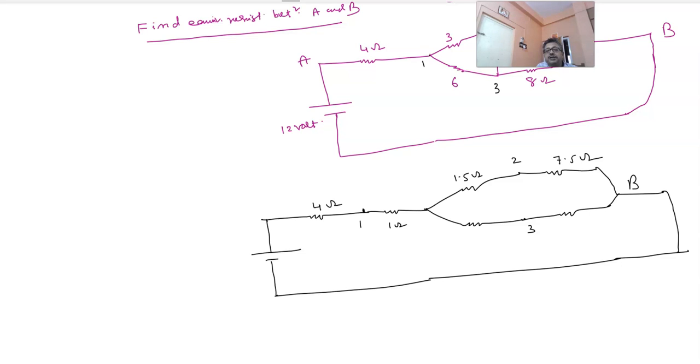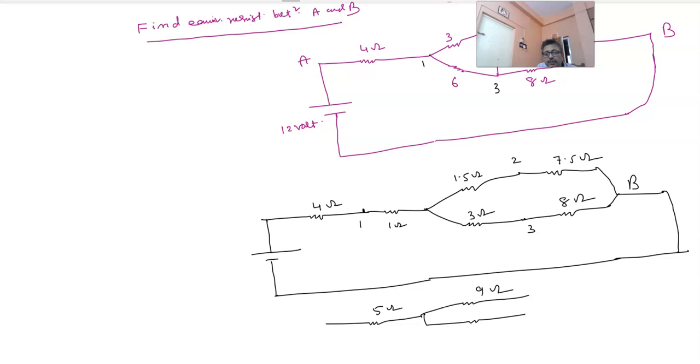Now this one, 3 is holding what? 54 by 18. This is another 3 ohms. So now everyone can solve this sum. This is 4 ohms. And for 1 ohm, this is changing to 5 ohm. This one going to change to 9 ohm.